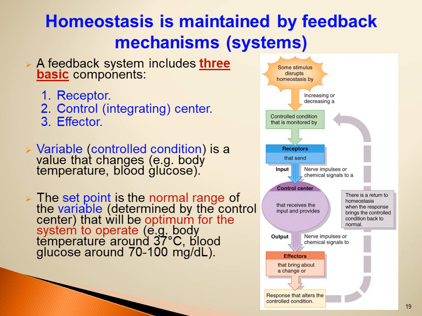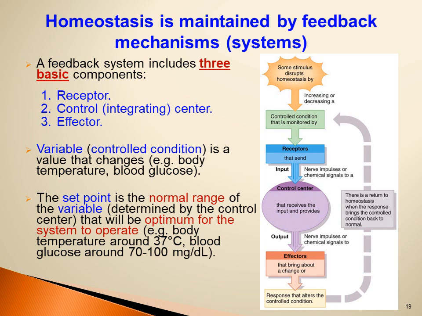As I said, a feedback system is a loop. As we can see here in this figure, the stimulus will disturb the homeostasis by acting on the receptor. The receptor will sense these changes and will send information to the control or integrating center in the form of nerve impulses or chemicals or hormones released by the endocrine organs.